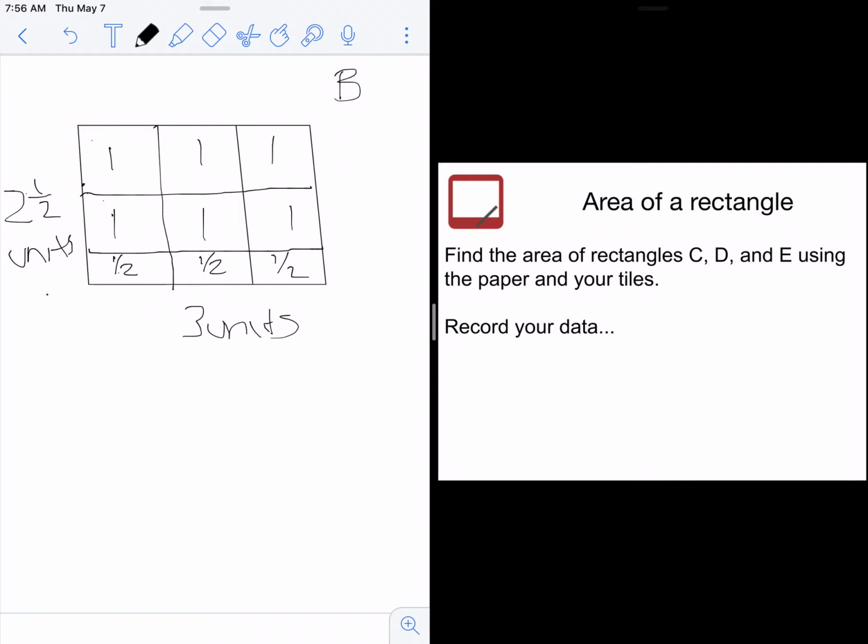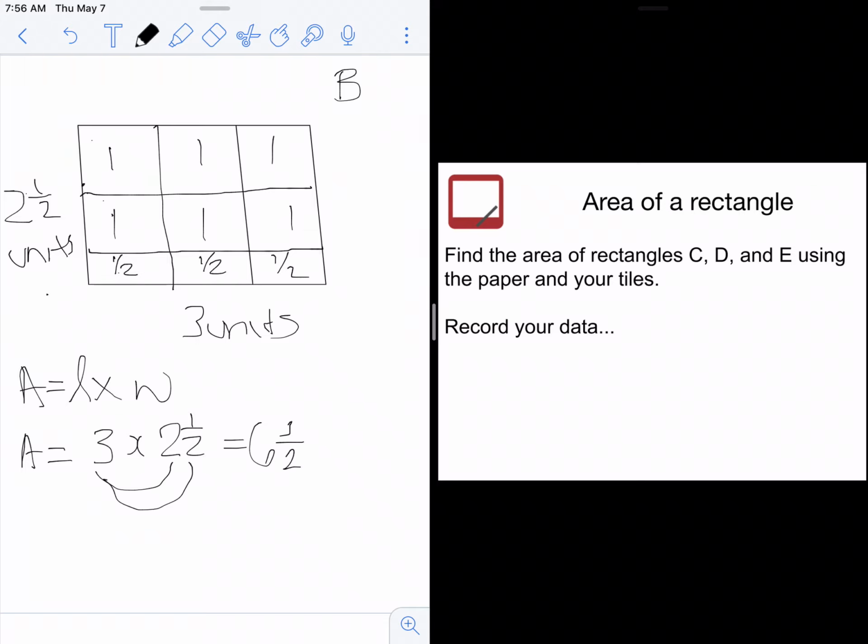So what is the area? Area, remember, is length times width. So we have our area of 3 times 2 and 1/2, which is 2 times 3. 2 times 3 is 6, and 1/2 times 3 is 3/2.